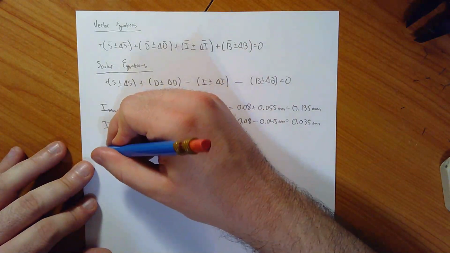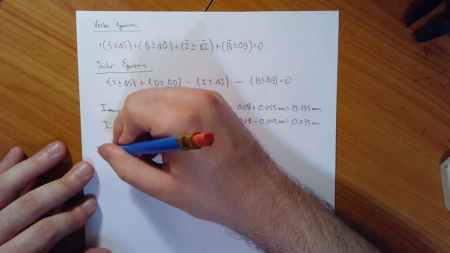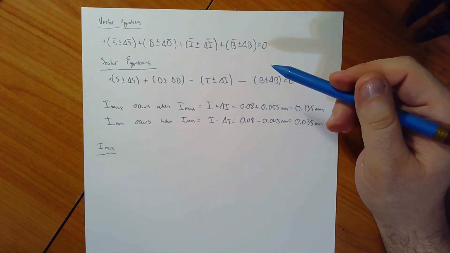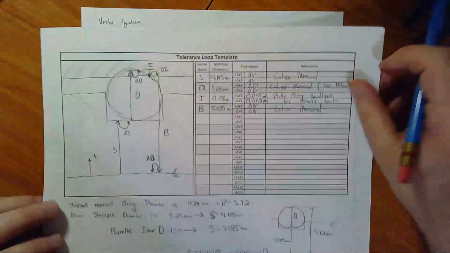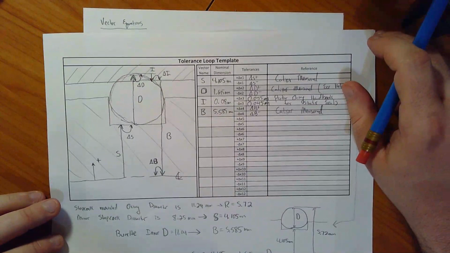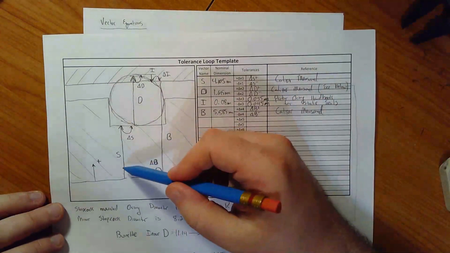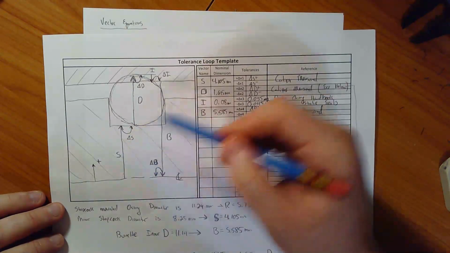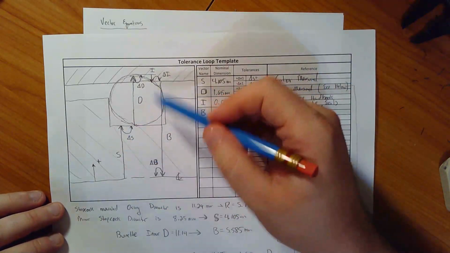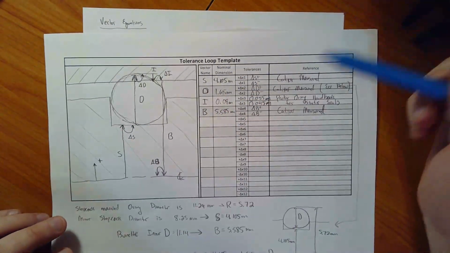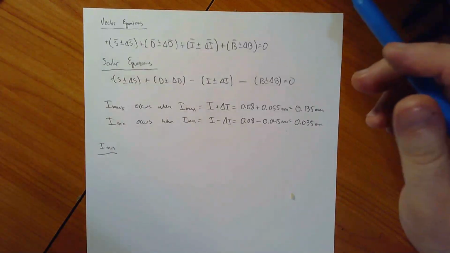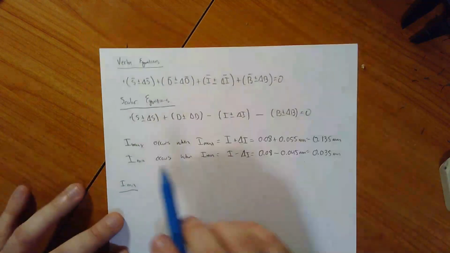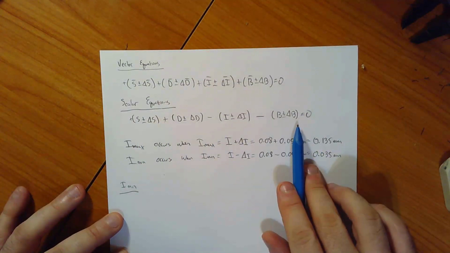Okay, so let's start out with the analysis for I min. For I min, again, I've got to look at the picture, and I've got to figure out how I want the vectors and their tolerances to either sum up or subtract out to get myself to a min situation, and then get the plus signs and the minus signs that are sitting up here in the scalar equations from that analysis.